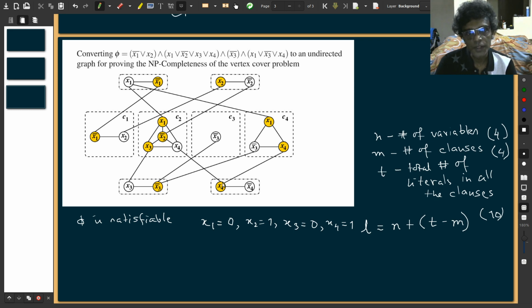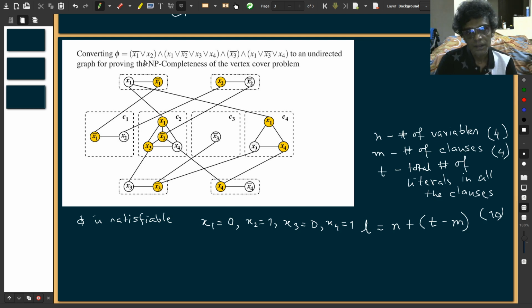Therefore, it follows that each clause gadget has at least one true literal, and therefore each clause has at least one true literal. Therefore, this is 1 and 1 and 1 and 1 and so on. So this evaluates to true.